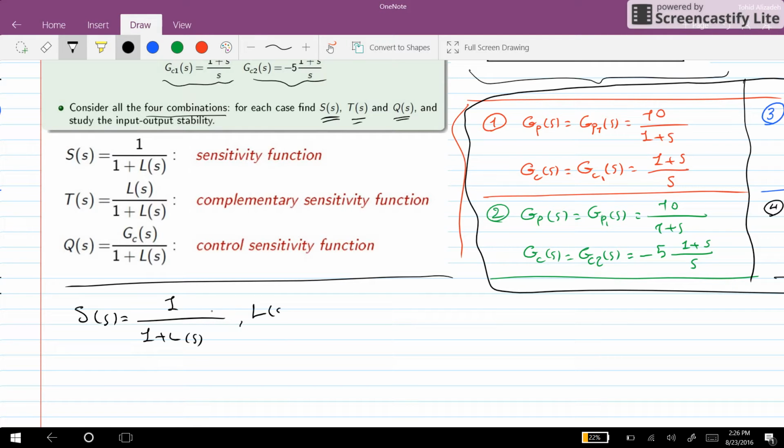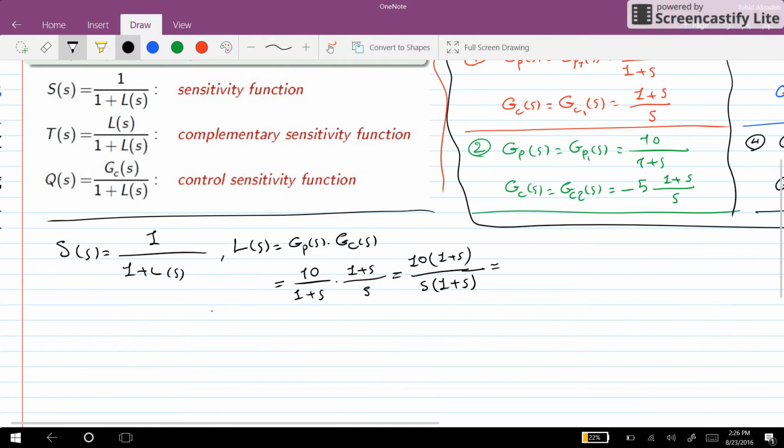And in this case, L is equal to GP times GC, which will result in 10 over 1 plus S times 1 plus S over S. And this will give us 10 times 1 plus S over S times 1 plus S. And if you just simplify it, we will end up with 10 over S for our Ls. So in the first case, Ls will be equal to 10 over S.